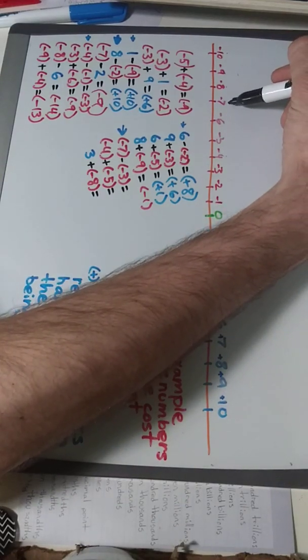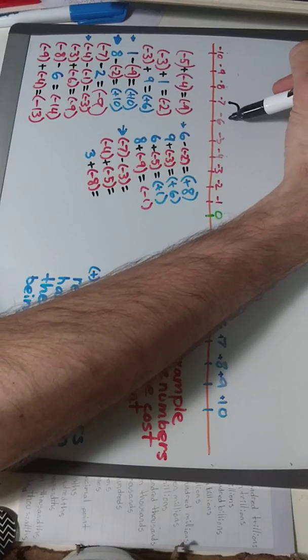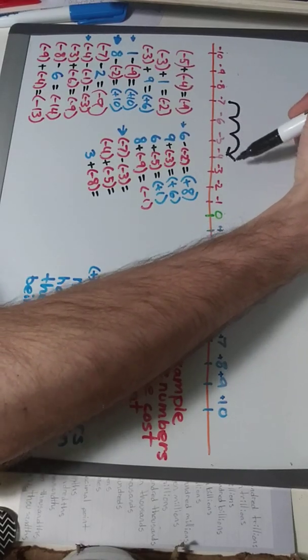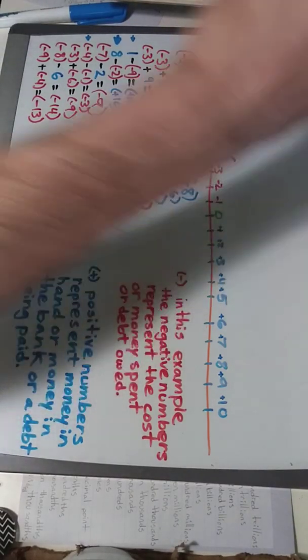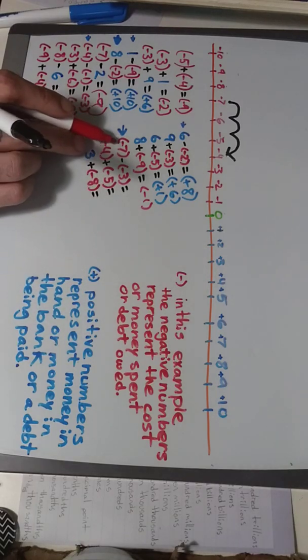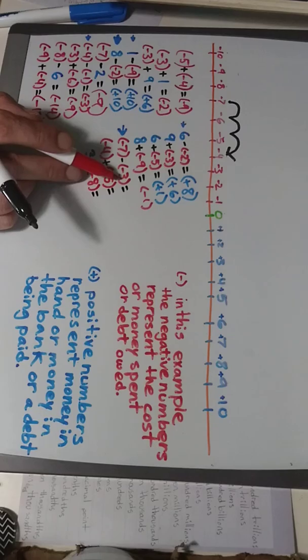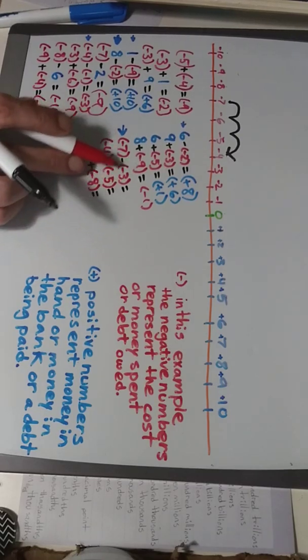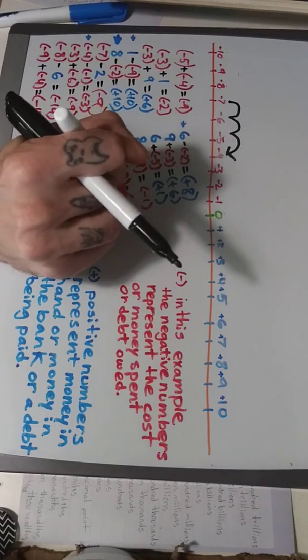So start at negative 7, and then 1, 2, 3 will leave us at negative 4. So we can say a debt of negative 7, take away a debt of negative 3, so somebody's giving us that back, would equal negative 4.